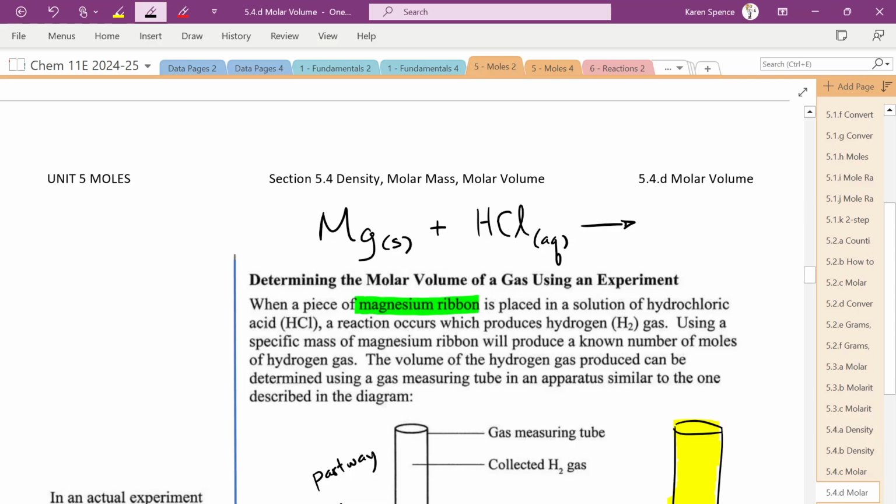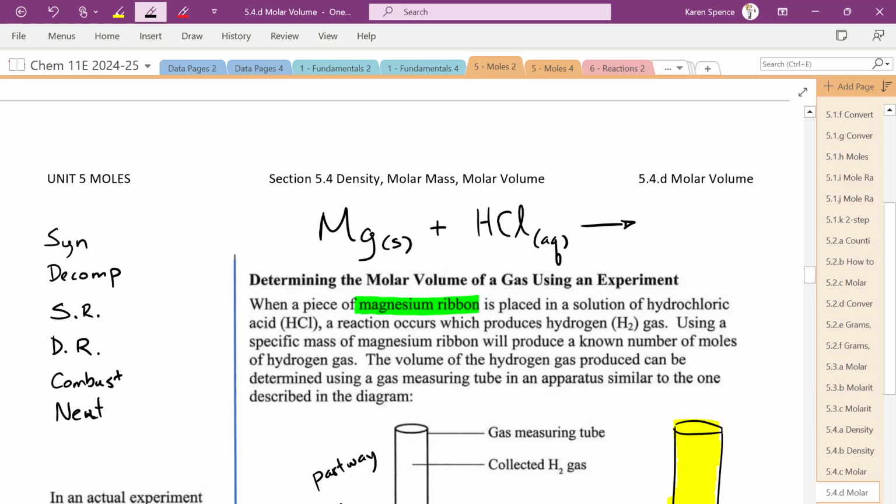Tell your partner the 6 types of reactions. Okay, which one is it?